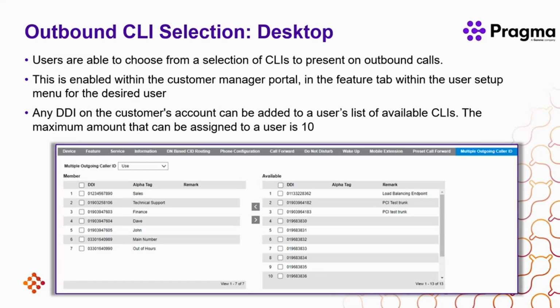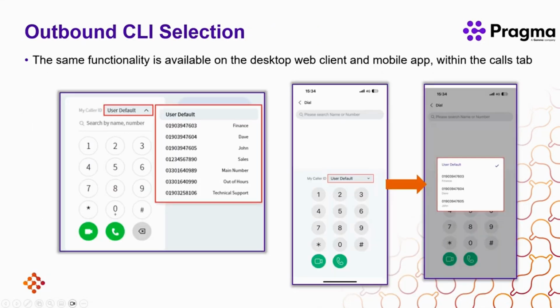So the first one, something we already covered on the hard phone side of things, outgoing CLI selection. Same configuration on the cloud, up to 10 CLIs set per user. Once they're set on the user within iPECS 1, go to the next screen, you can see on the left is the web portal. I'm on the normal dial pad here.